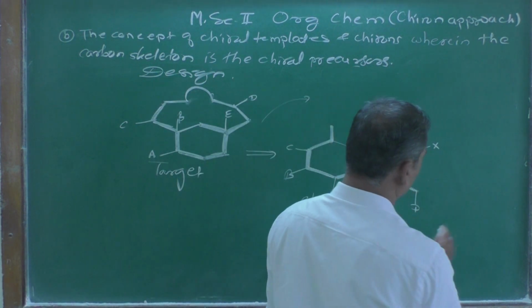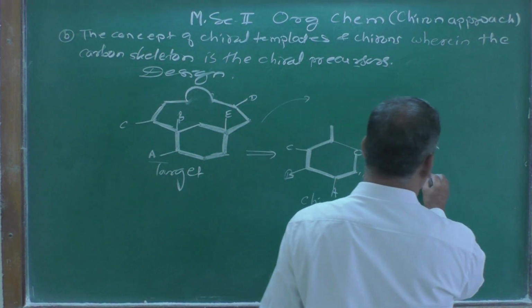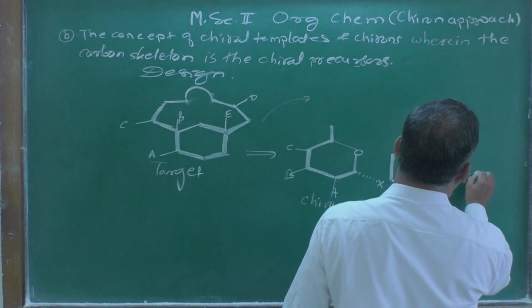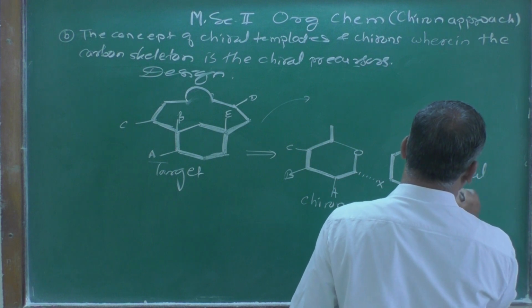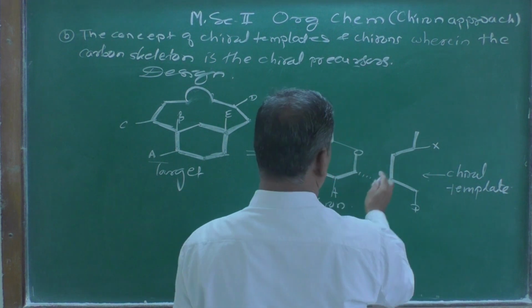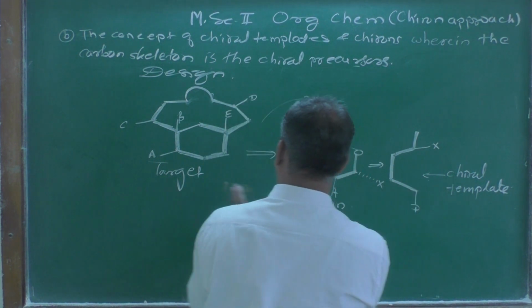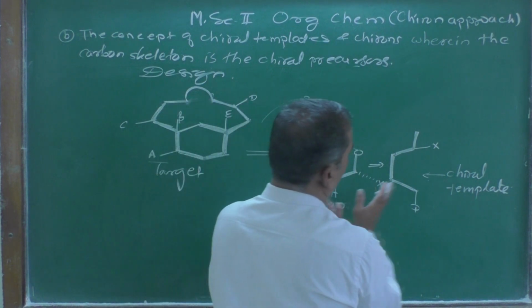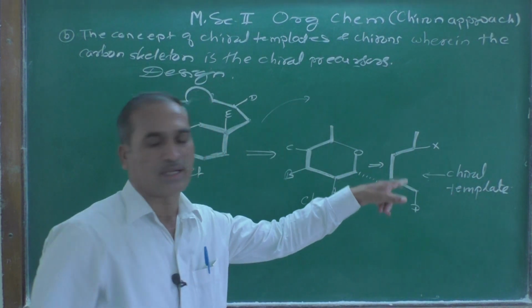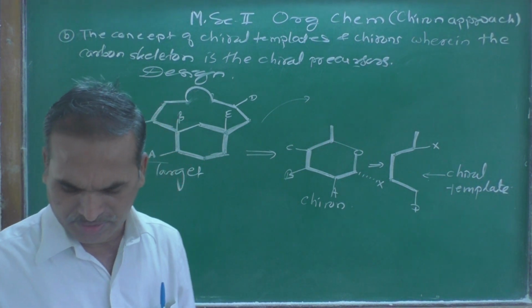This is known as a chiral template. This is a target molecule, this is a chiron, and this is a chiral template. A chiral template is nothing but a chiral precursor.